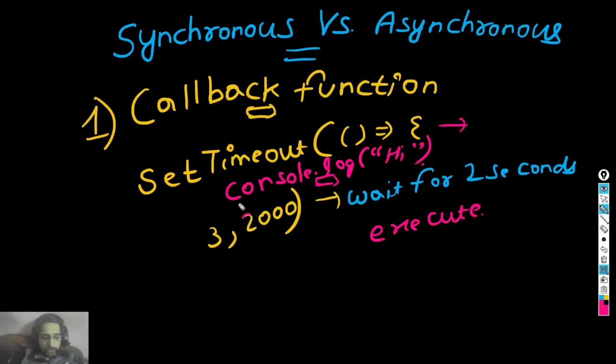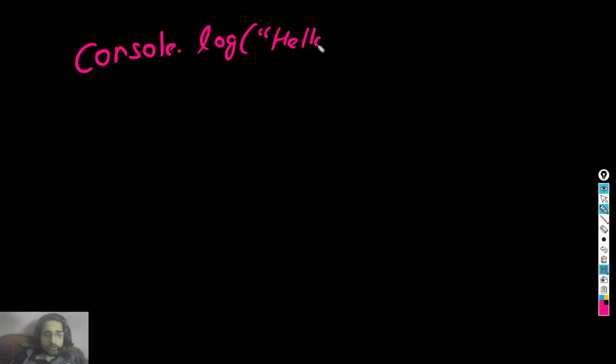Let me tell you a very basic example of it, to clear out your doubt. Basically we have a console statement, console log hello world. This is the first statement.